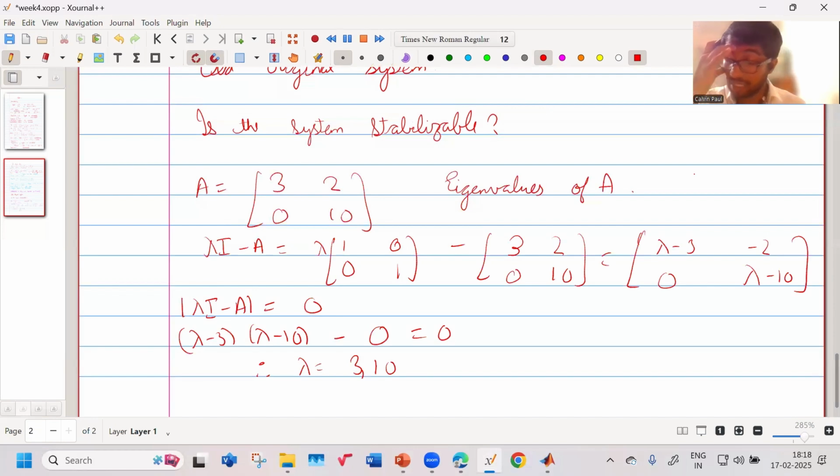Now when lambda is 3 and 10, we see that they are positive. First of all, they are distinct, and positive.